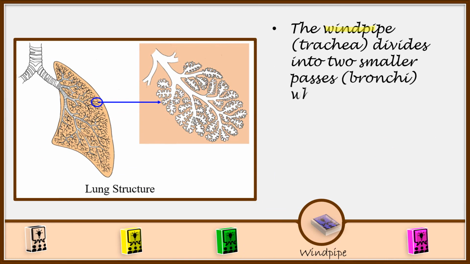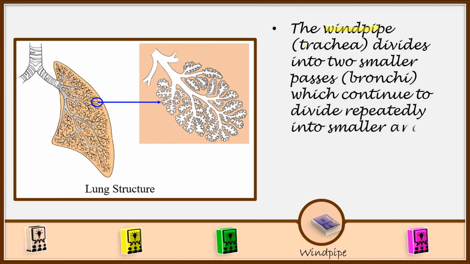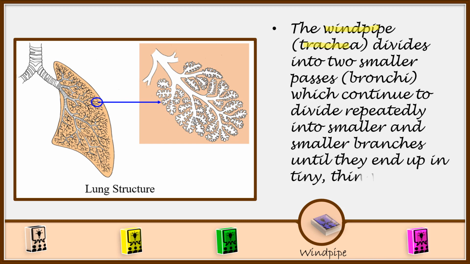The windpipe, or what we call the trachea, divides into two smaller branches called bronchi. Here, this is the trachea or the windpipe. Now the windpipe divides into two smaller ones, which we call the bronchi.